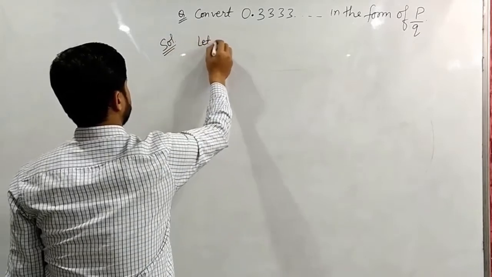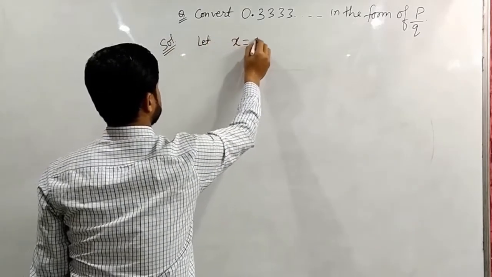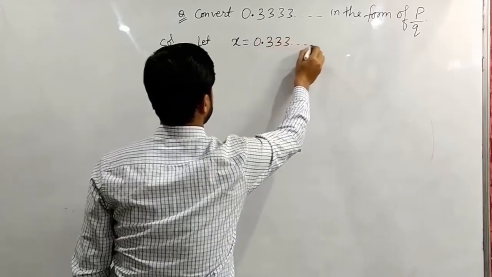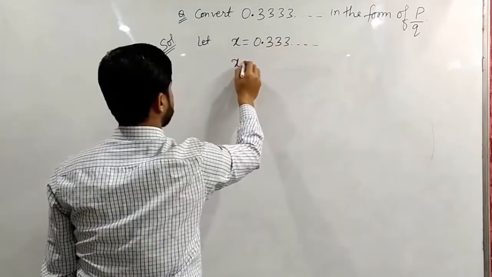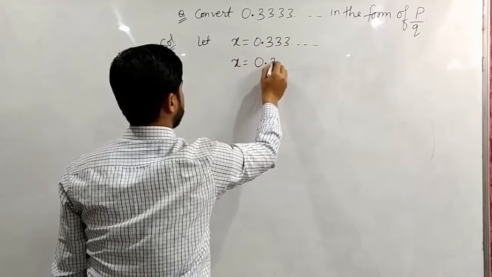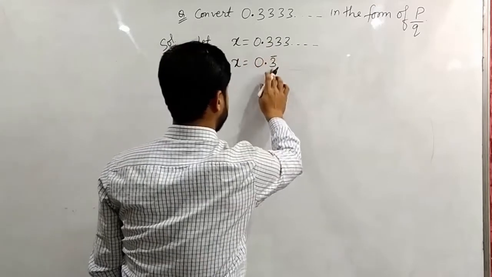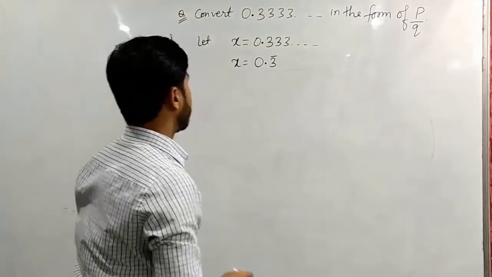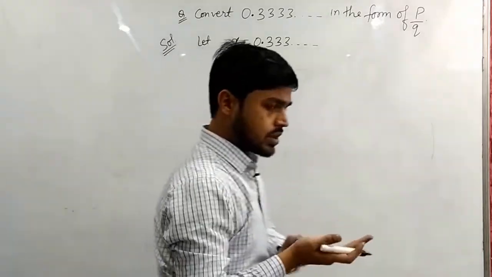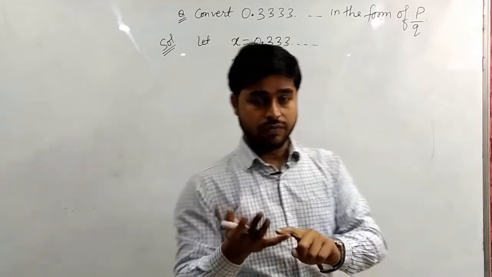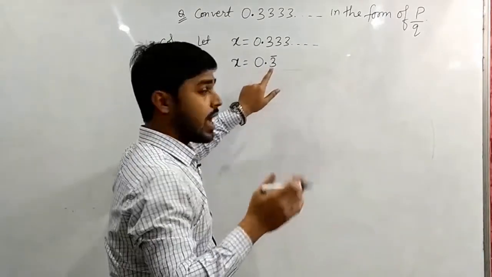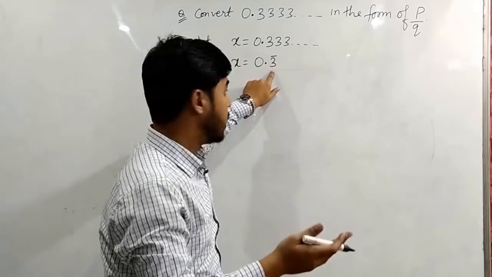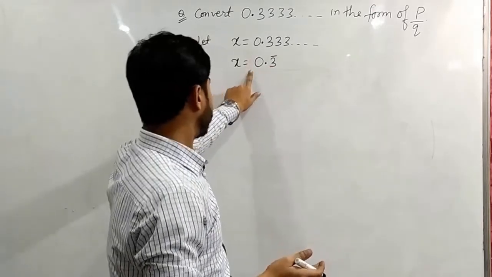Let us assume that x is equal to 0.333..., or I will simply write it as 0.3 bar, which indicates that 3 is coming indefinitely, to infinity. Now the next step is that we have to shift as many digits as are repeating again and again to the left side.